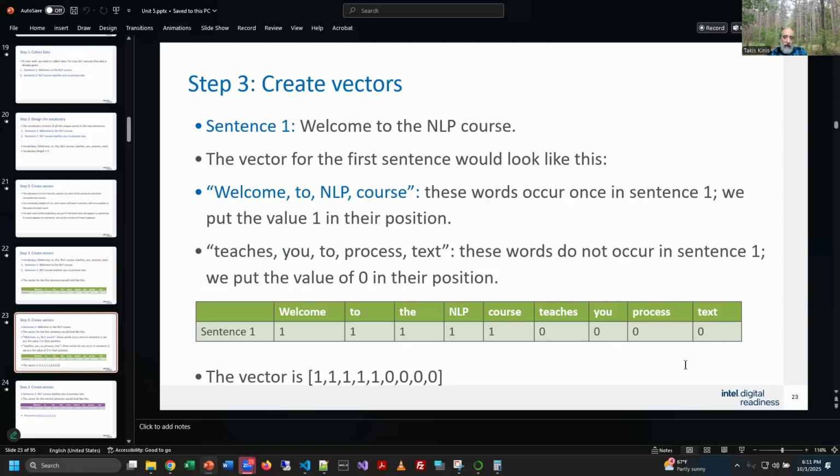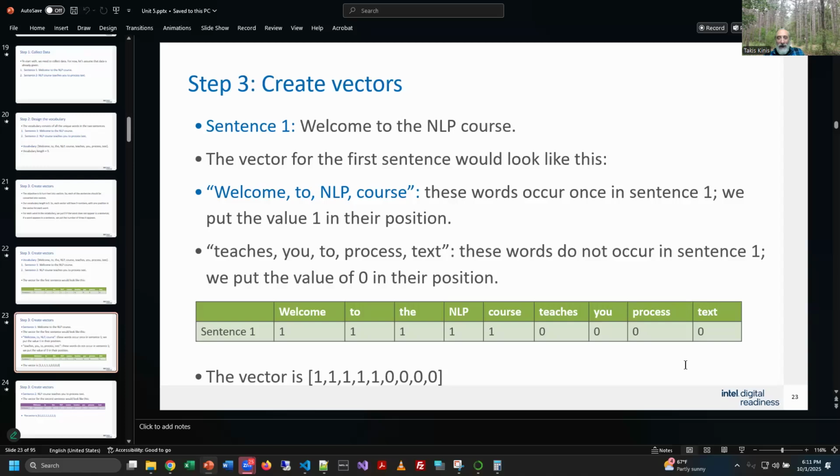So we count all those, and then notice what happens to the vector definition. Given all the words in the bag of words, we are incrementing the count for each word relative to the first sentence. So the first sentence has a vector of what you see here. It's 1, 1, 1, 1, 1, 1, right? 0, 0, 0, 0. Right?